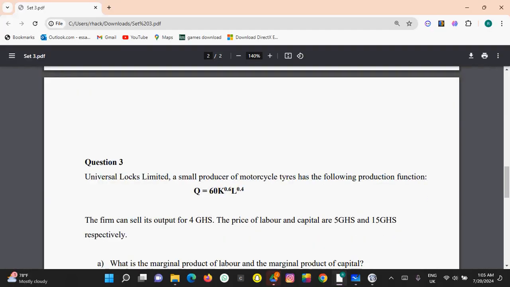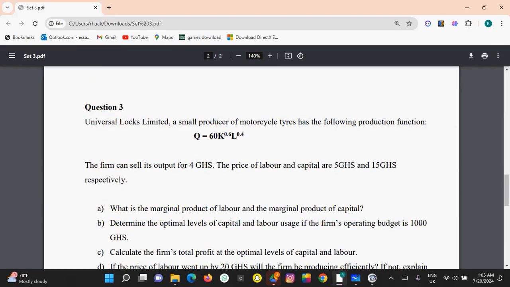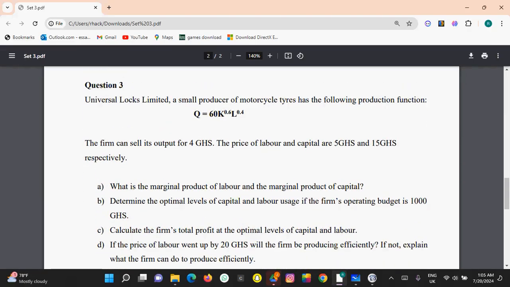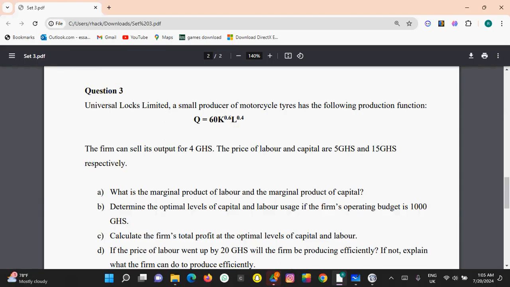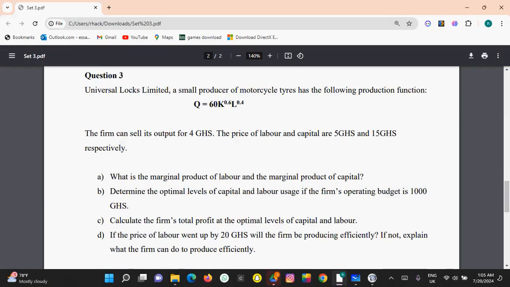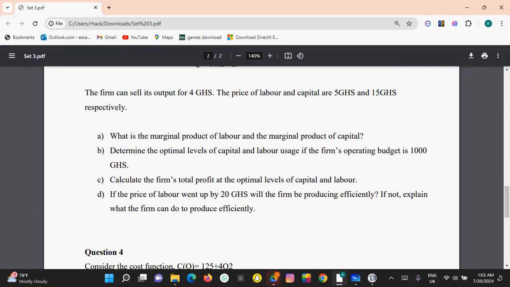So now let's read question 3. The Investor Locks Limited, a small producer of motorcycle tires, has the following production function. The firm can sell its output for 4 Ghana cedis. The price of labor and capital is 5 Ghana cedis and 15 Ghana cedis respectively. What is the marginal product of labor and the marginal product of capital?